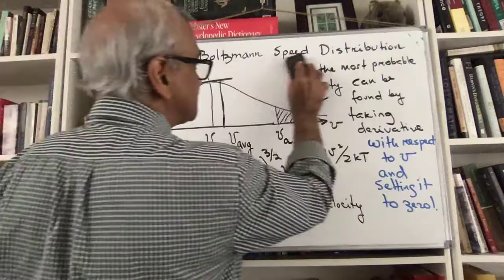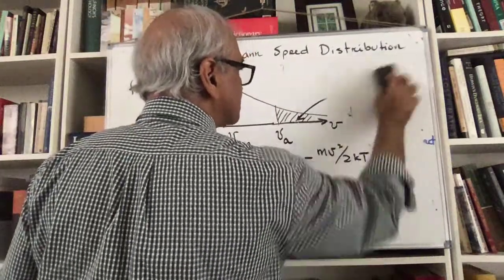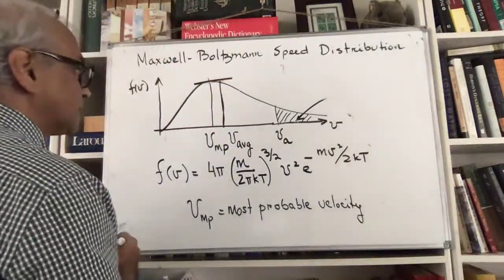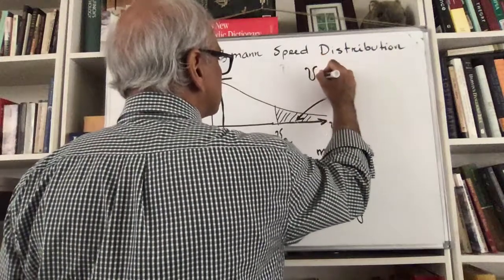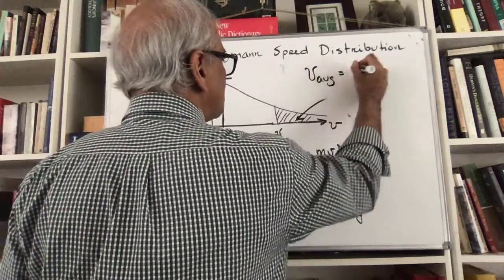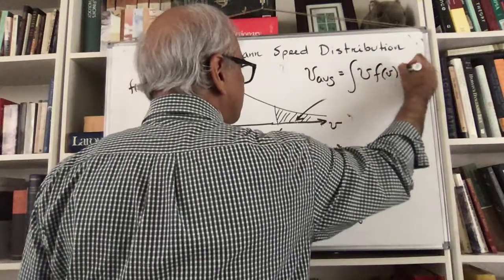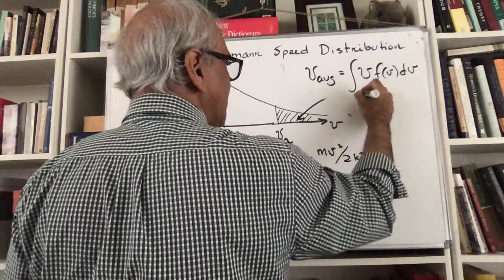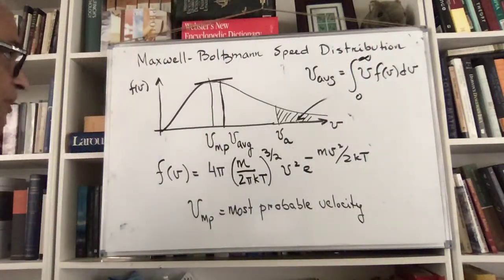I'll just erase this part here. V average would be, what you do is that you take the V and multiply it by the velocity distribution, and you go from 0 to infinity. That's our V average right there, okay?